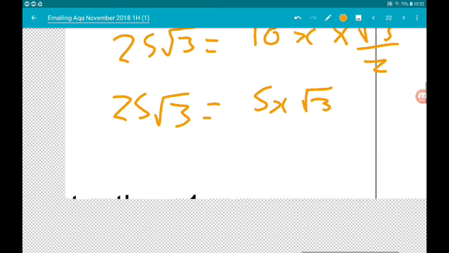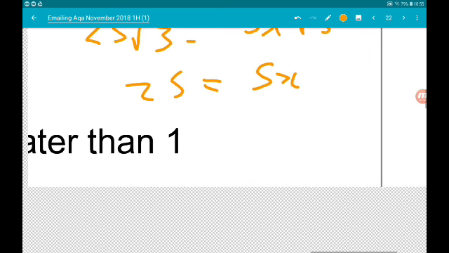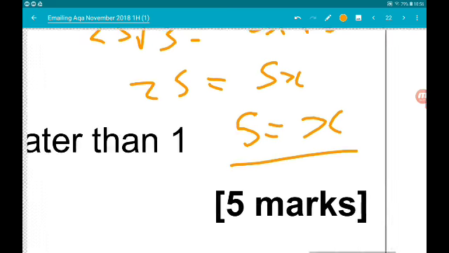So, there's a common factor of root 3 on both sides, so we can divide that away. So, we get 25 is 5x, divide by 5, we get 5 is equal to x. Cool.